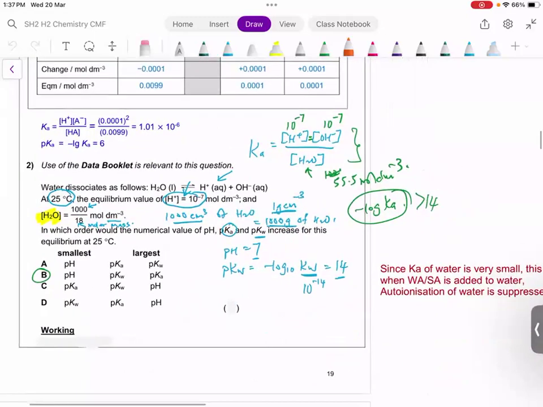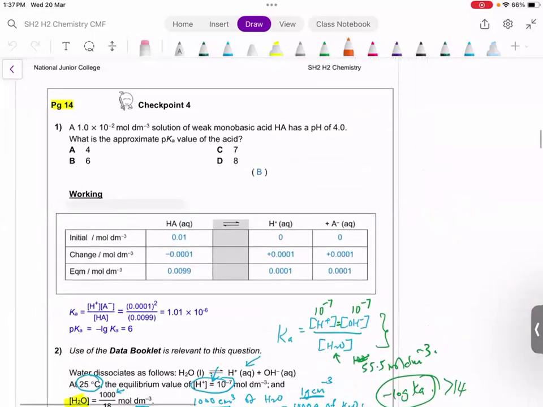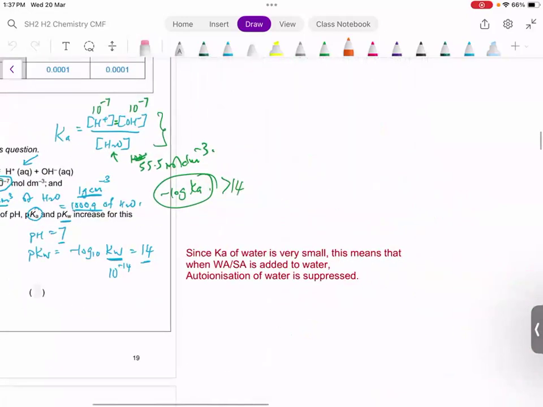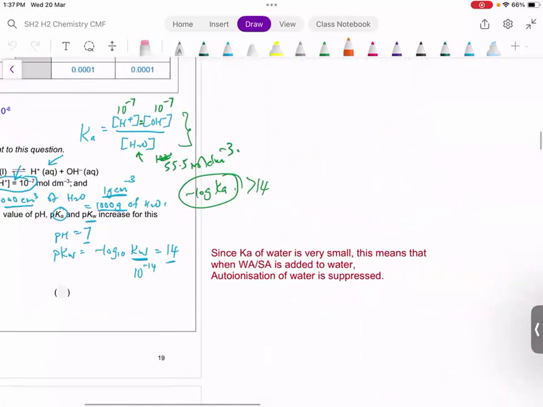So from this calculation, from this chart point 4, we learned that Ka of water is very, very small. Okay, it's even smaller than 10⁻14. So with this, it means that whenever I have an acid thrown into water, the autoionization of water will be suppressed because it's a much weaker acid compared to your ethanoic acid in terms of acid strength.